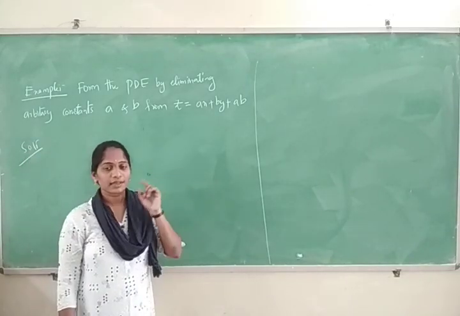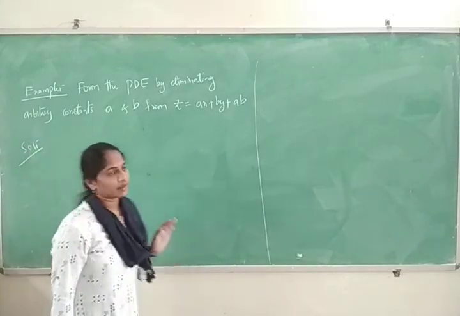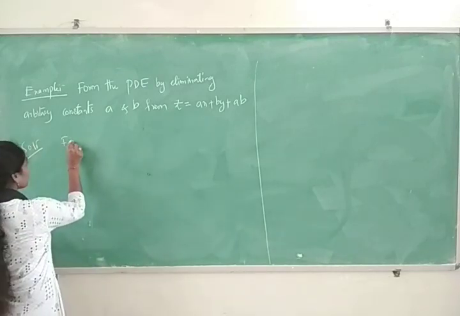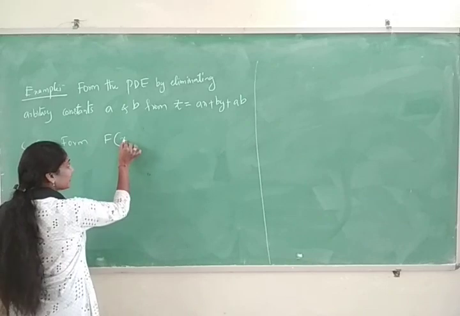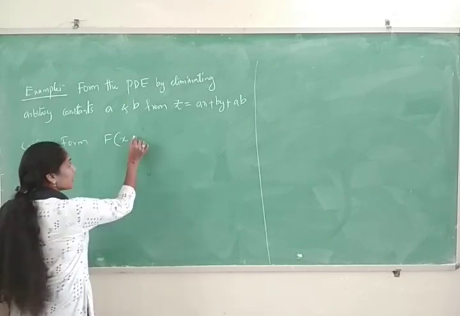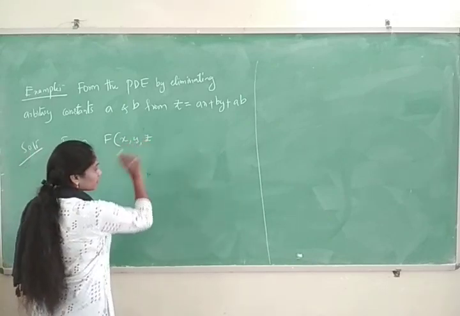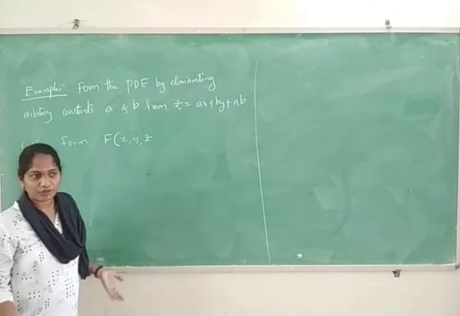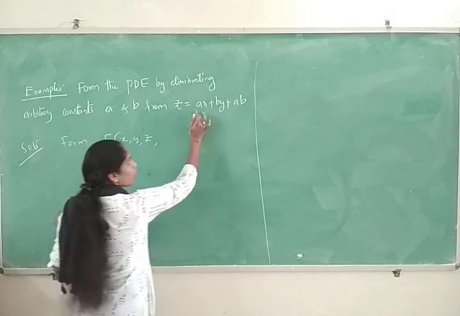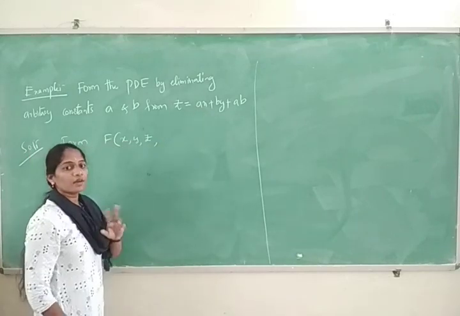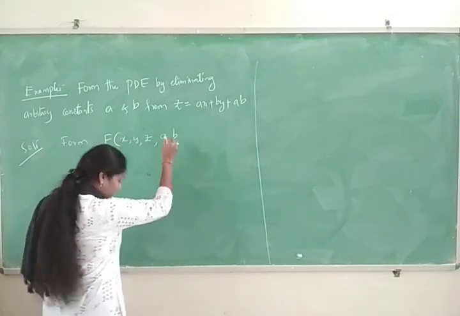Coming to the solution. The given equation is of the form f of x comma y comma z, how many independent variables? x and y, and z depends on these two independent variables, as it is a partial differential equation. And how many arbitrary constants are there? Two, a comma b.